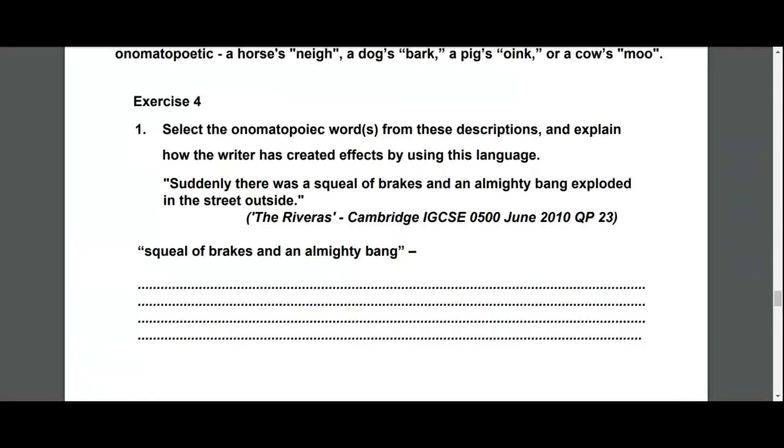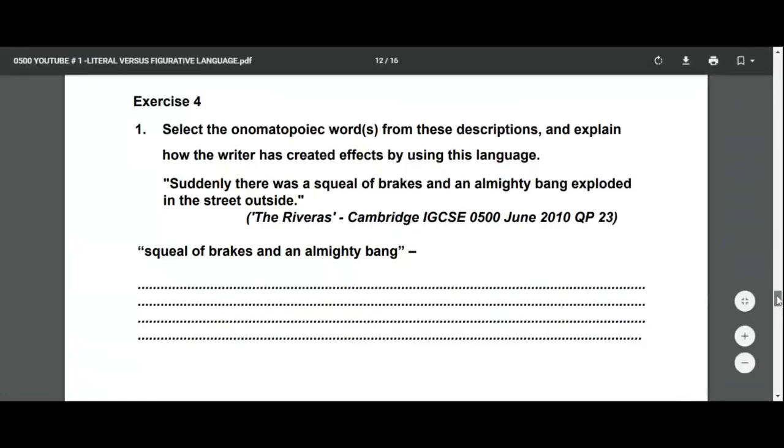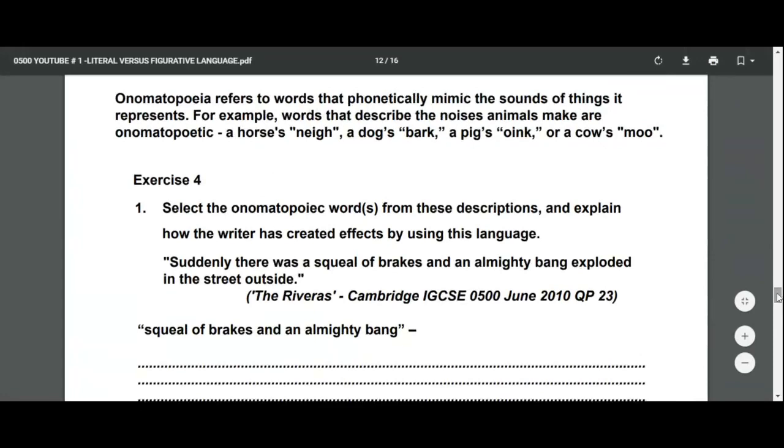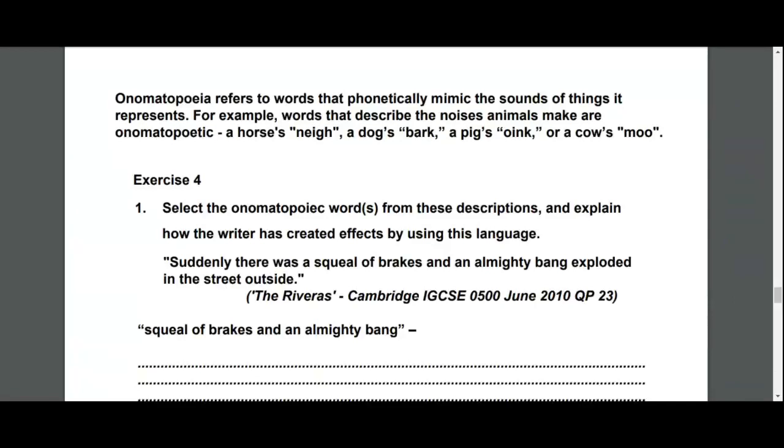Onomatopoeia, again in brief, refers to words that phonetically mimic the sounds of the things they represent. All right. For example, words that describe the noises animals make are onomatopoeic. Okay, wrong spelling again. Not poetic, P-O-E-I-C.